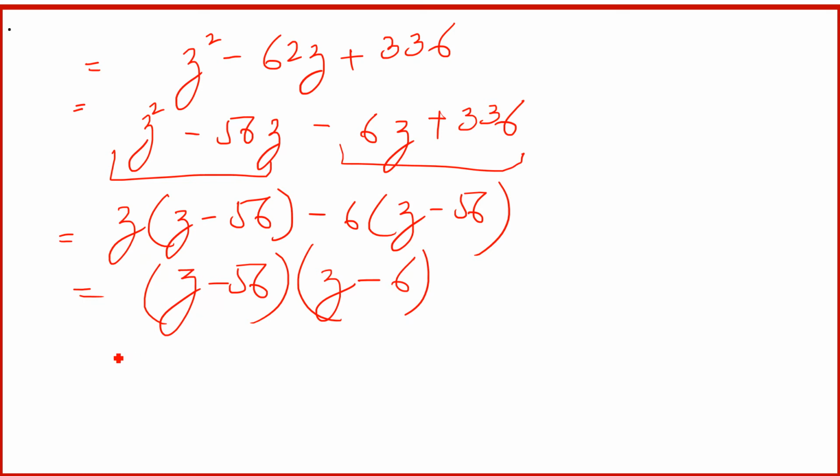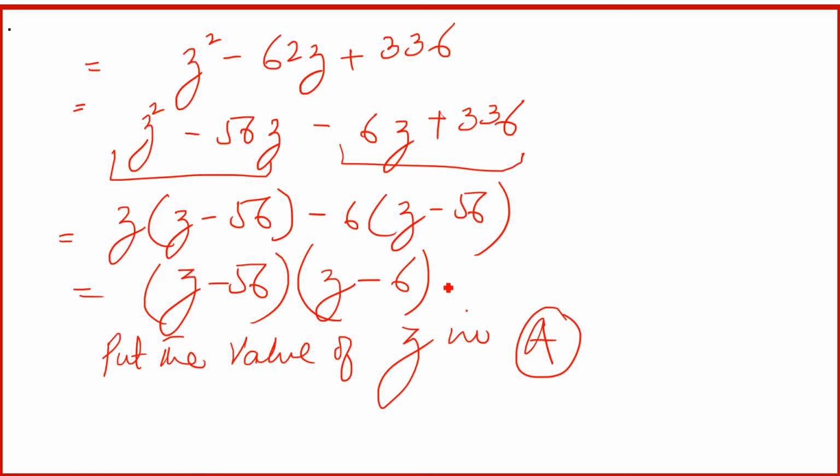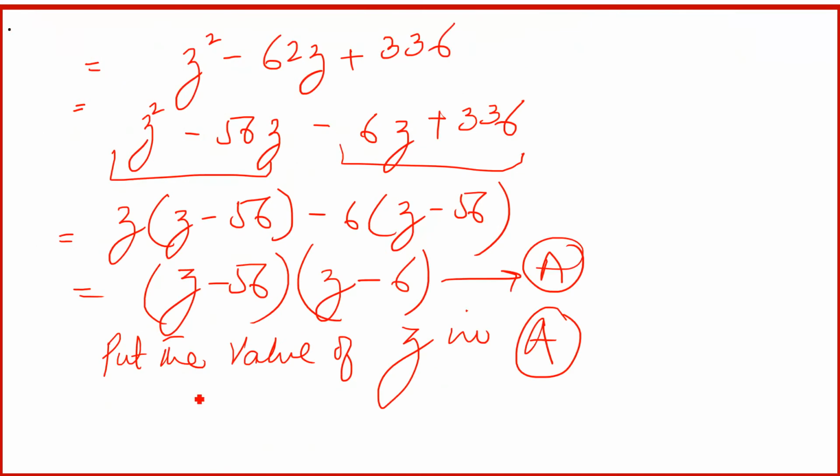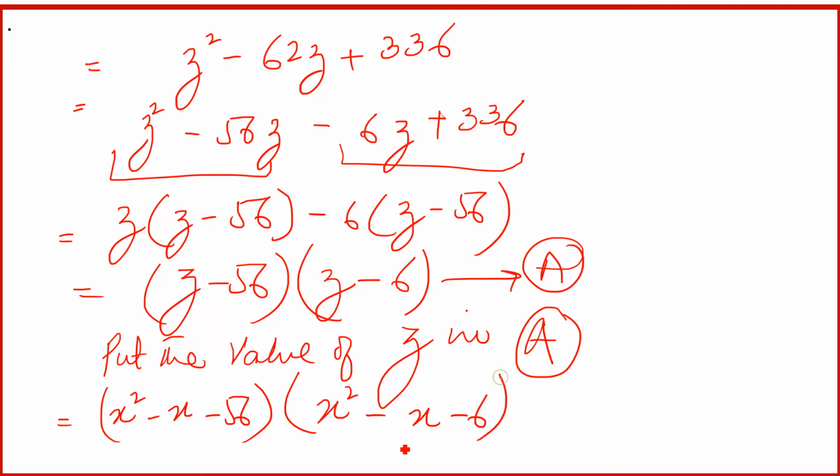So now put the value of z. We have supposed that z is equal to x² − x, so here (x² − x − 56) multiplied by (x² − x − 6).